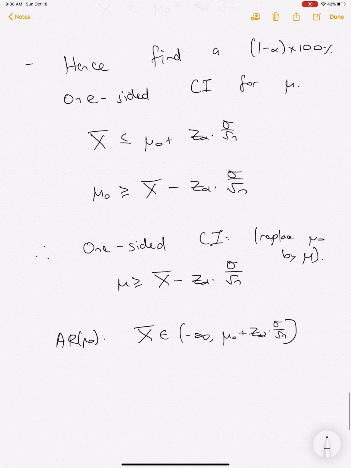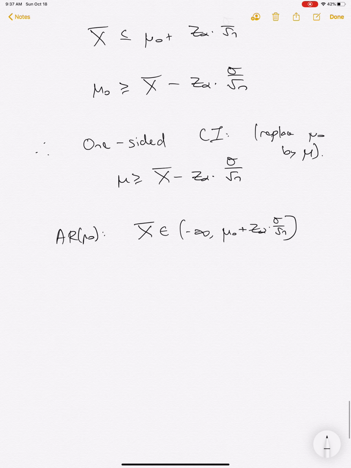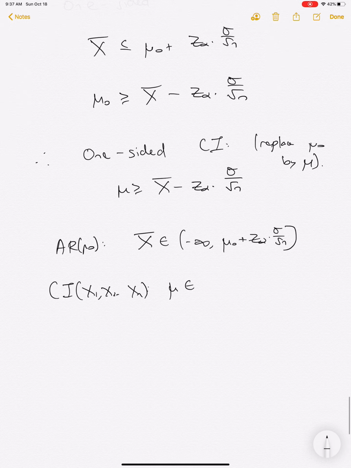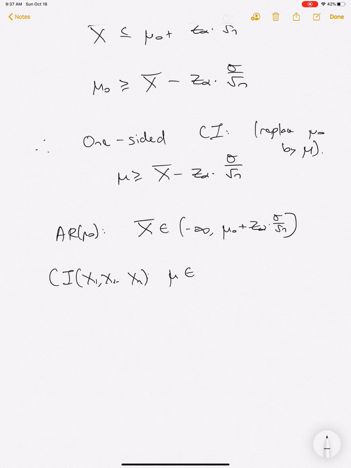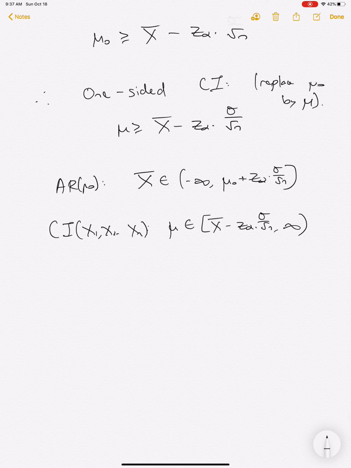We have this acceptance region for mu 0, and then we have the confidence interval, which is a function of x1, x2 up to xn, which is mu is in x bar minus z alpha times sigma over square root of n to infinity.